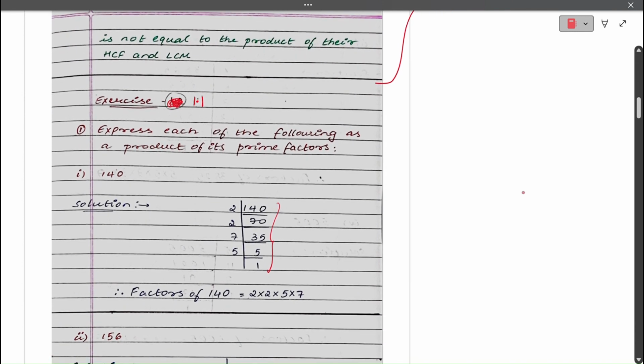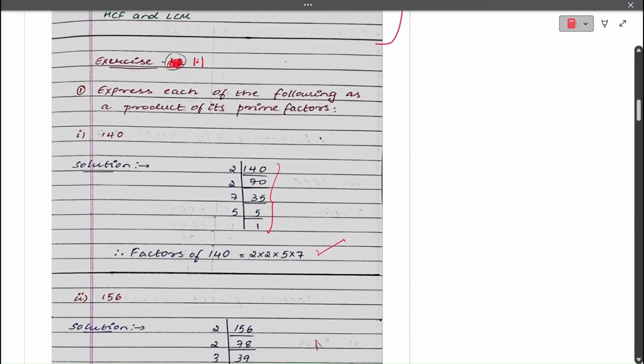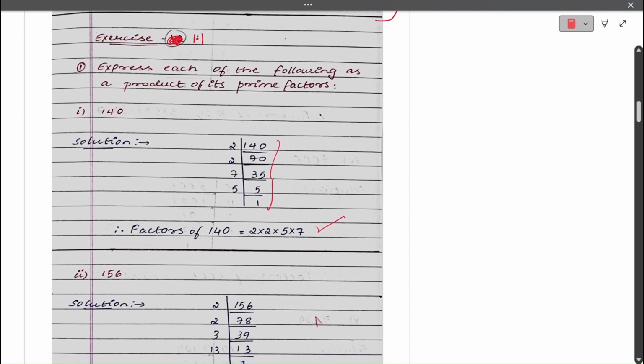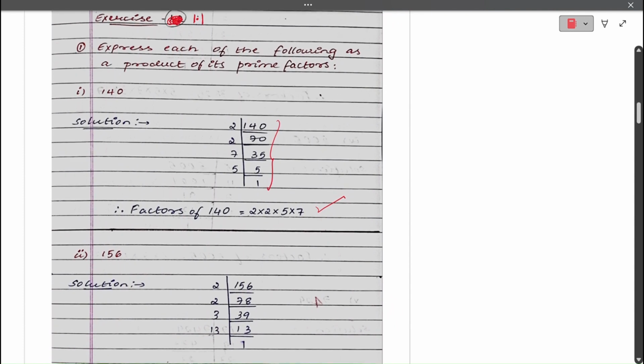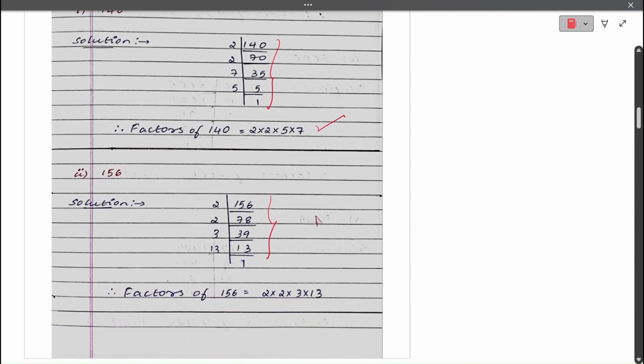So the prime factors of 140 are 2 square into 5 into 7. Clear? Any doubts? Okay. Next, for 156, the prime factors are 2 into 2 into 3 into 13. Okay, 2 square into 3 into 13 are the prime factors for 156.